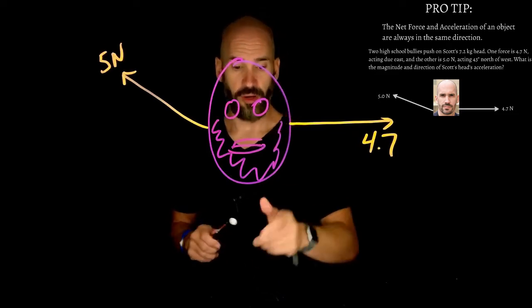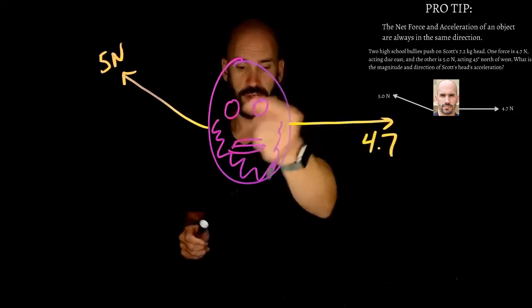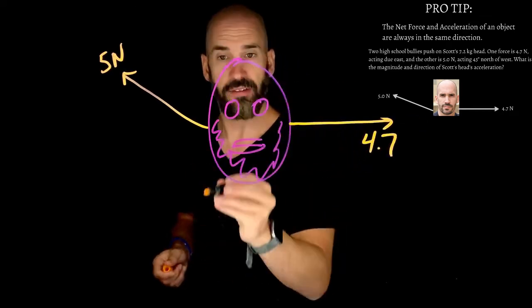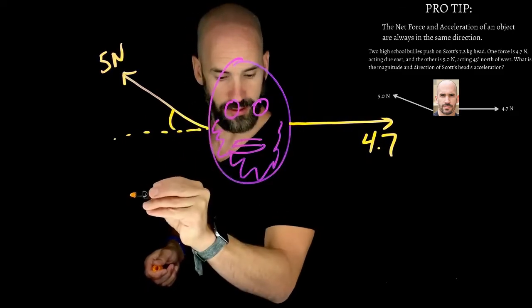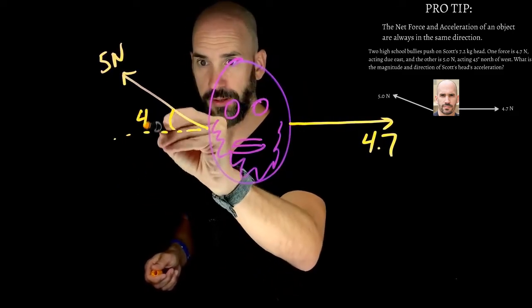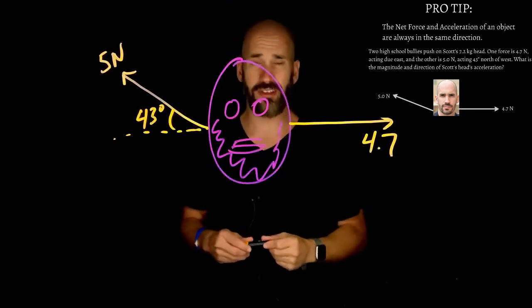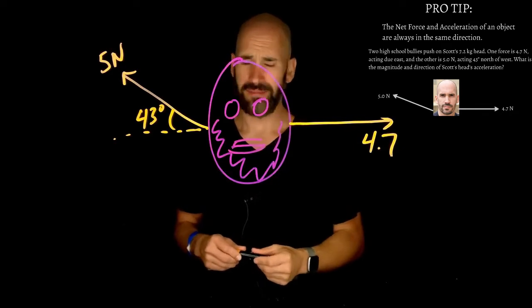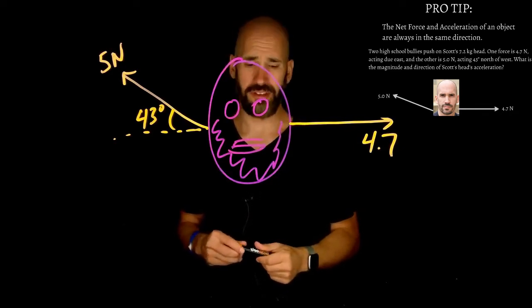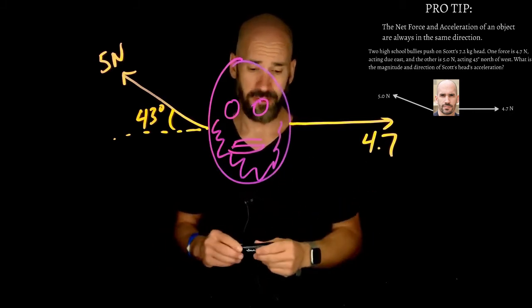One is due east, and the other one is 45 degrees north of west. So if this is west, then this angle here would be 43 degrees. So the question is, what is the magnitude and the direction of the acceleration of my head? Very, very important physics question. Definitely we need to know this.